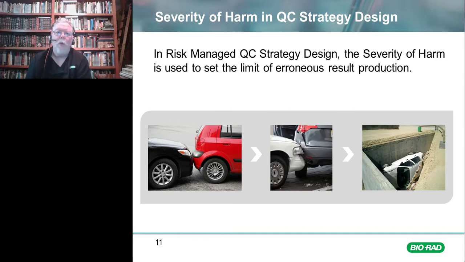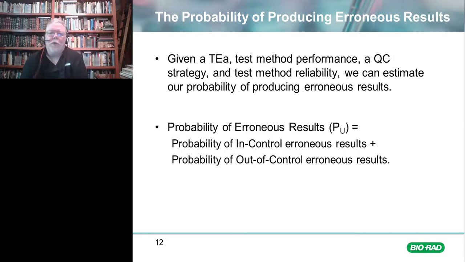Okay, so what we want to focus on is how to determine my probability of producing erroneous results. There is a way that we can do this computationally. If I have that list of things we talked about earlier, the total allowable error, that's the TEa, test method performance and QC strategy, and test method reliability, we can estimate our probability of producing erroneous results.